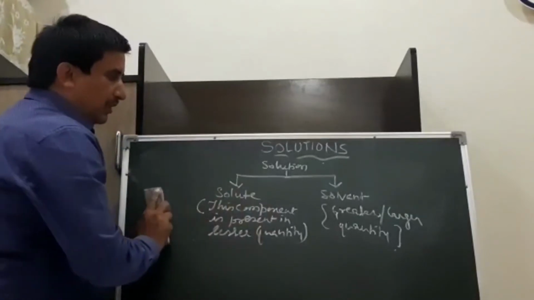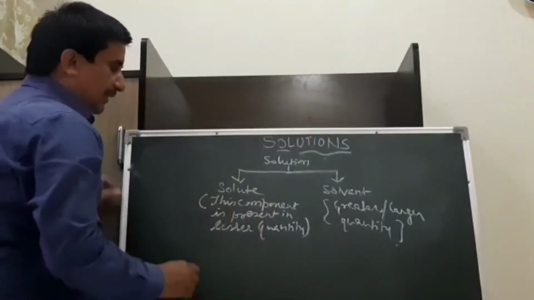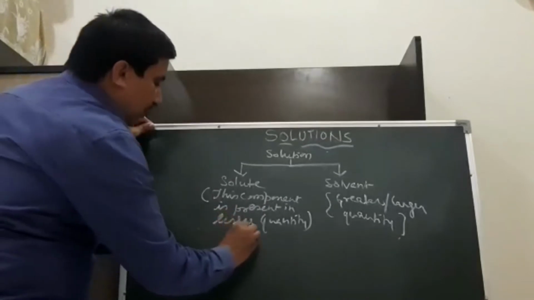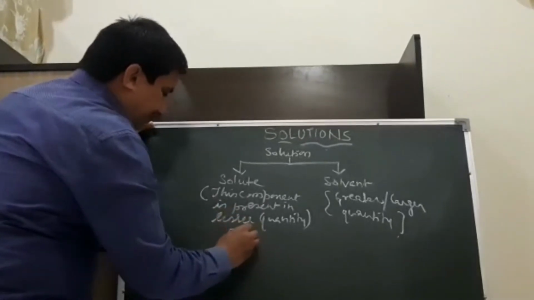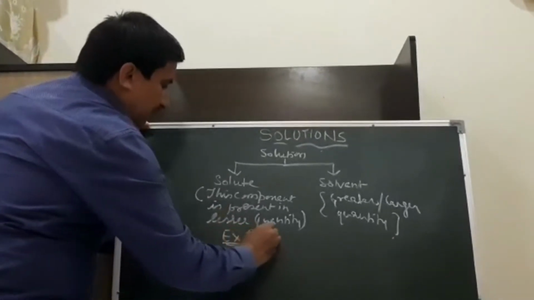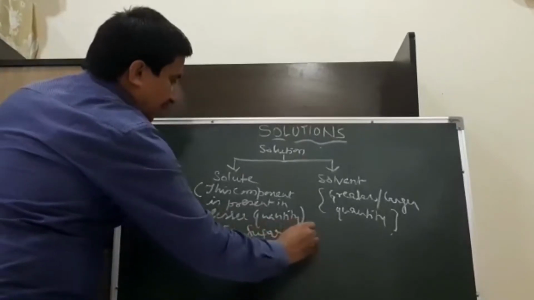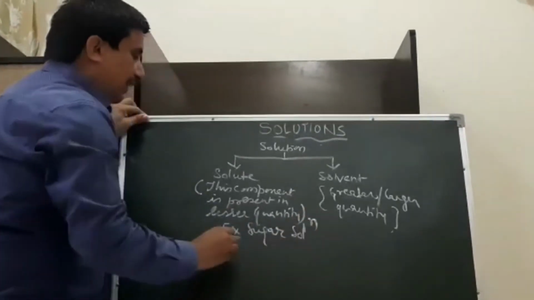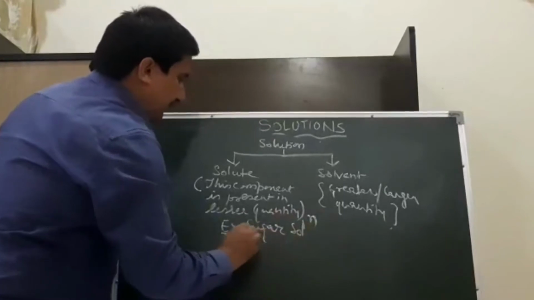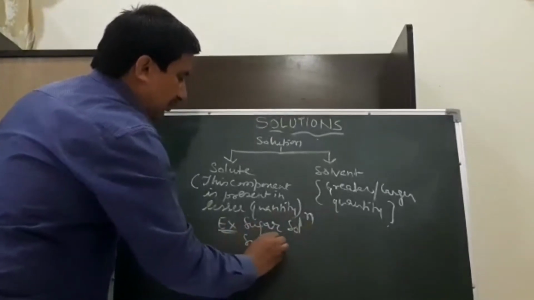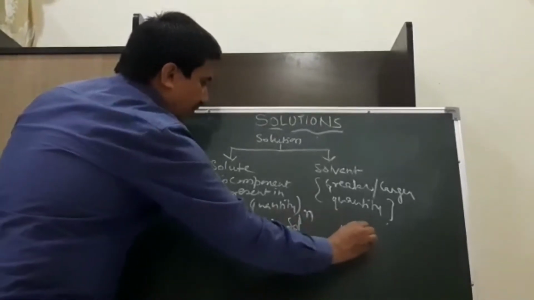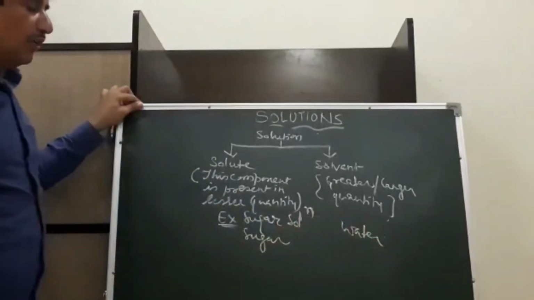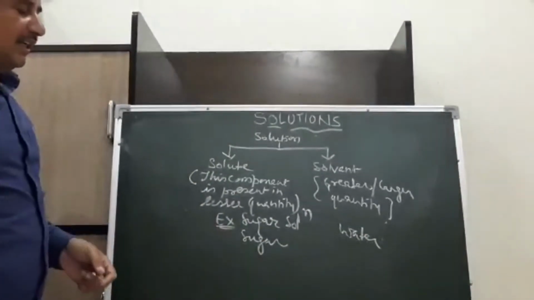Suppose I take the example of a sugar solution. It's a binary solution. Here we have sugar as solute and water as solvent, because water is more in quantity and sugar is lesser.